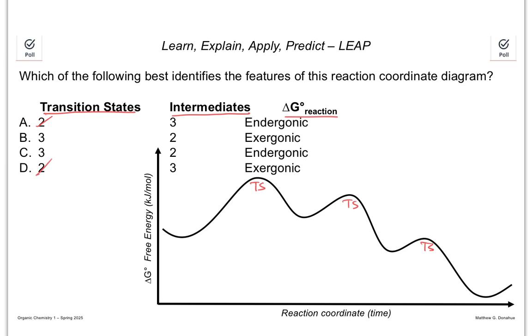So that would eliminate A and D. So the transition state, again, it's the crest or the apex, top of the curves, so there's three. Intermediates are wells. How many of those are there? So two.